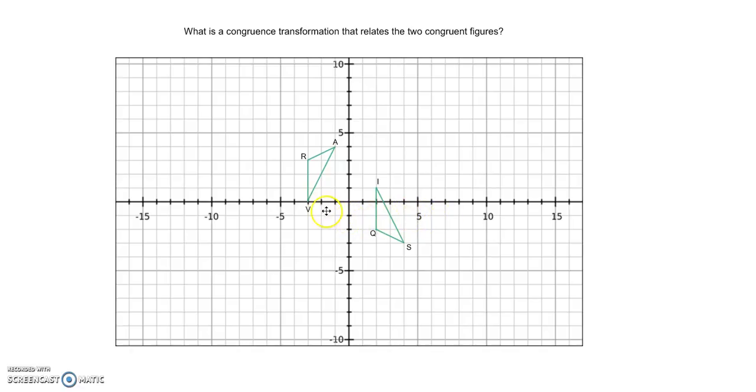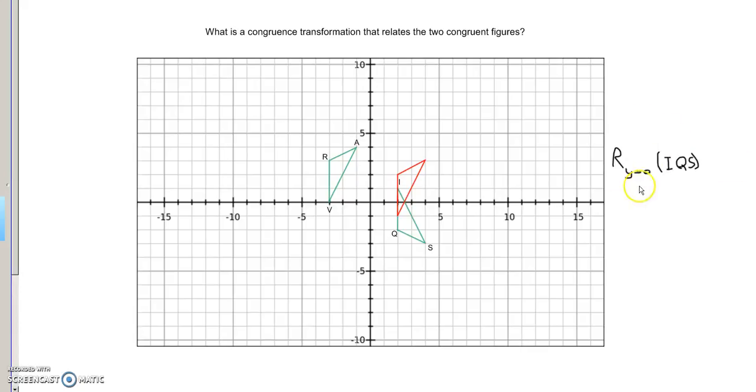So I would first reflect it across the x-axis, or y equals 0. Out here I've written out what transformation I've just done, which is reflecting IQS across the x-axis or y equals 0. And now from here it seems pretty straightforward as to how to get this triangle onto ARV.